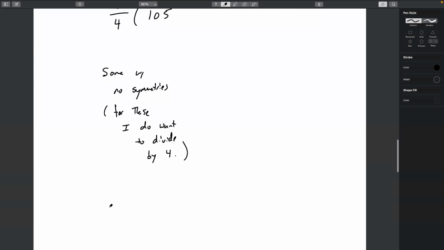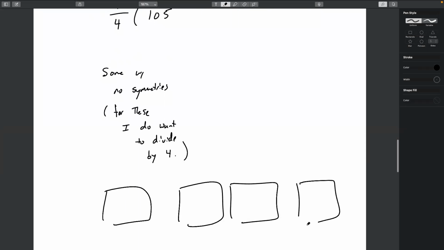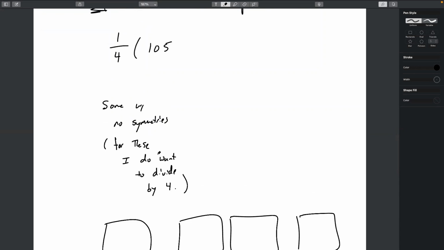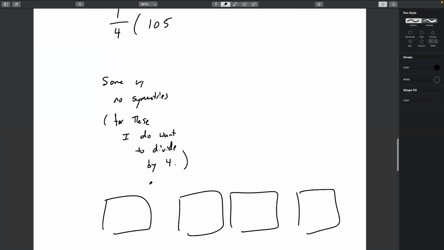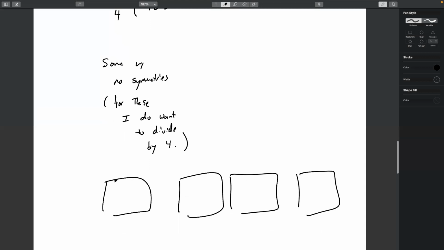You could think of it like I've got 4 bins. And if I'm going through all of my pictures, if I get a tile that has no symmetry, I'll put 1 here and then I'll look for the other 3 and put them each in one of the bins, right?